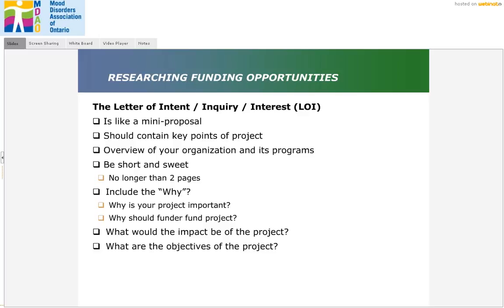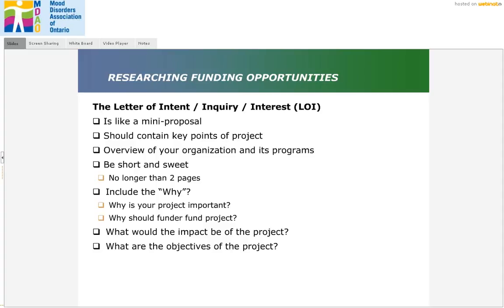Additionally, your letter of intent should answer the questions of what would the impact be of the project? What would be the impact with regard to not only your organization and your constituents, but also the larger community? And then, of course, also answer the question of what are the objectives of this project.